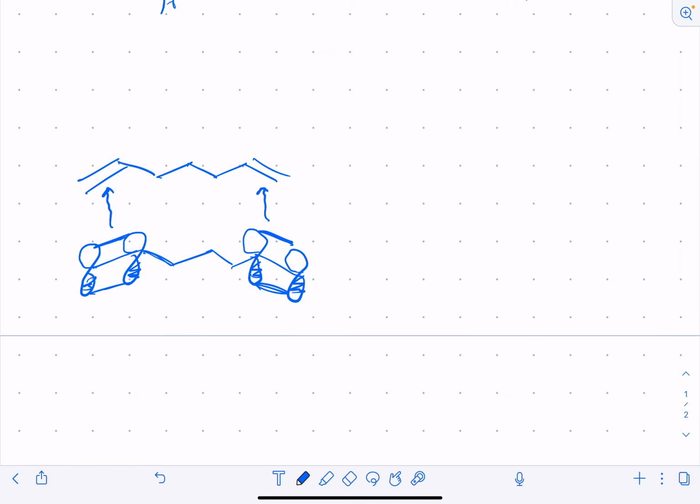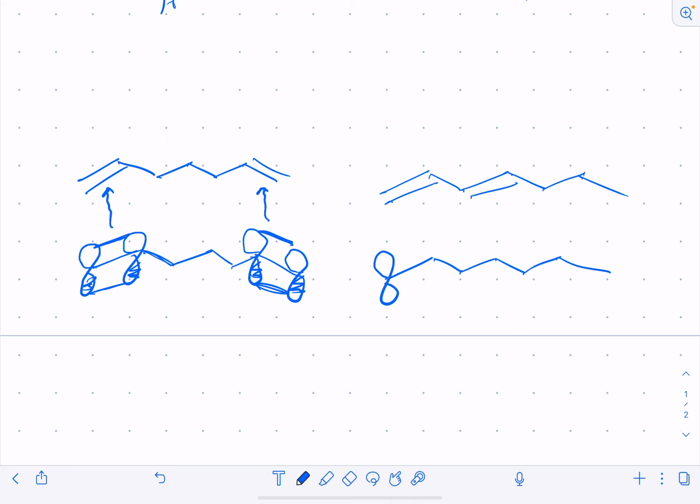Now, what's weird about the conjugated diene is that because those two double bonds are right next to each other, the p orbitals that make up the pi system are also all completely aligned, okay?